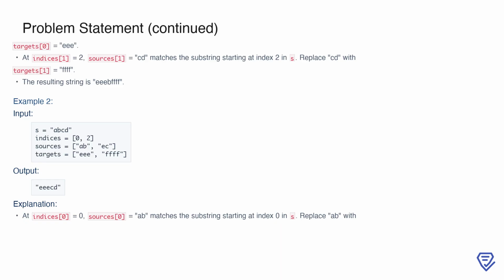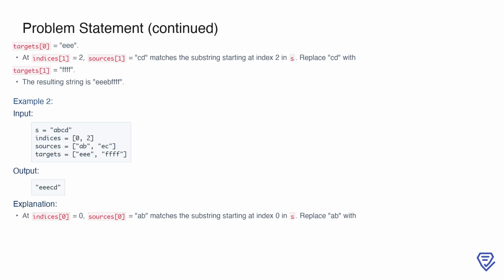Now, let's examine another example to understand what happens when some replacements are skipped. Consider the input S as ABCD, with indices as 0, 2, sources as AB, EC, and targets as EE, FFFF. For the first replacement, the substring starting at index 0 is AB, which matches sources[0].